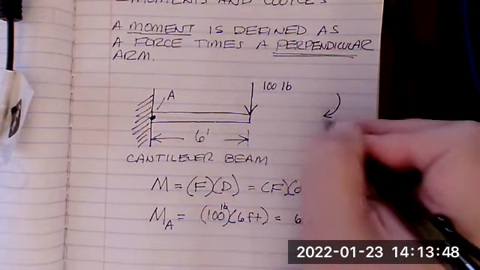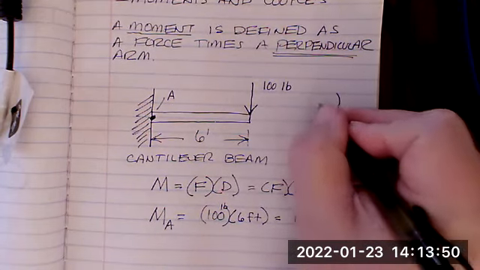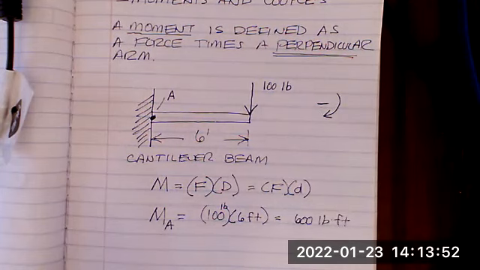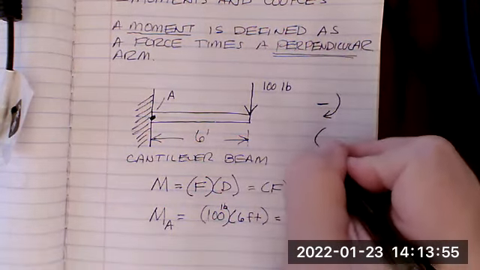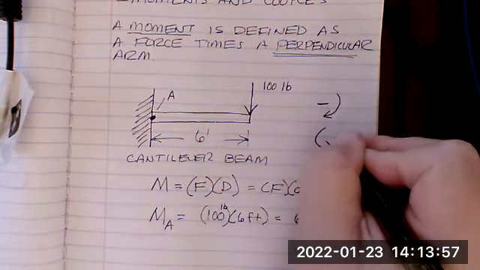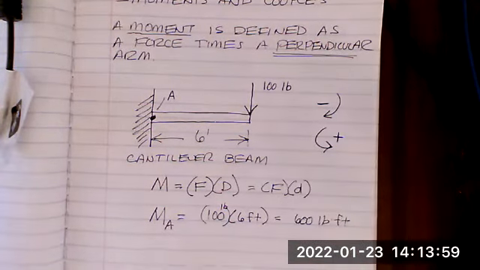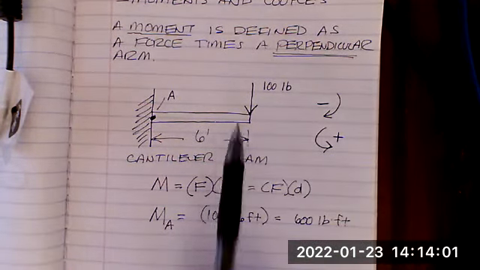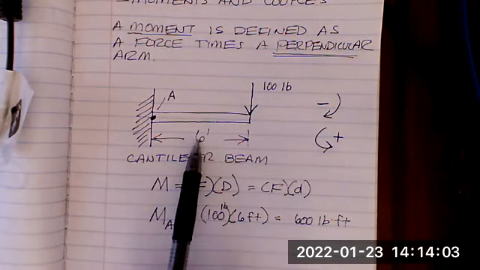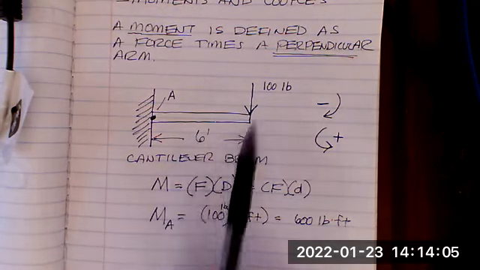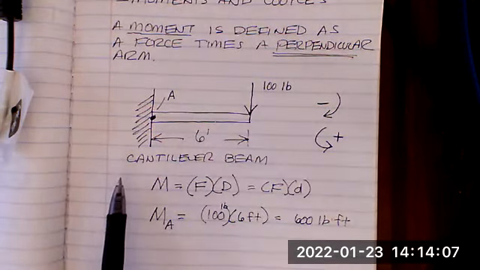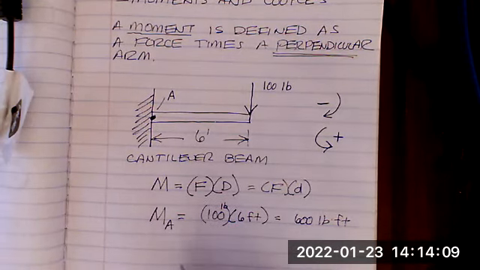And if it's a counterclockwise rotation, it is a positive. So this 100 pounds times 6 feet is going clockwise, so it is negative 600 pound feet.